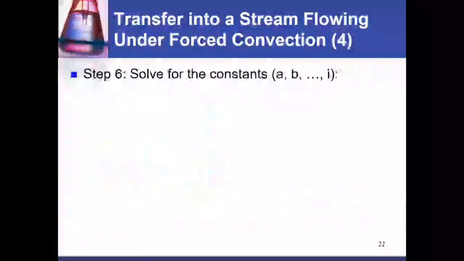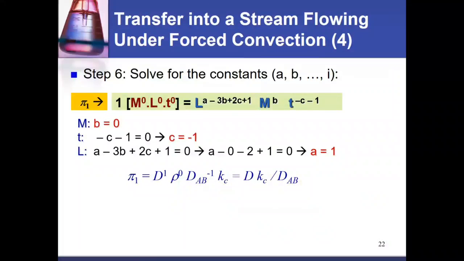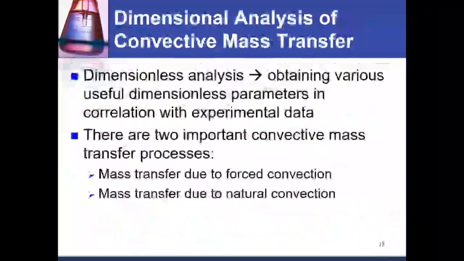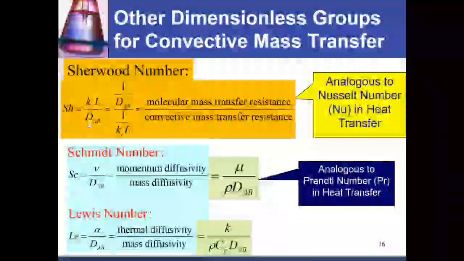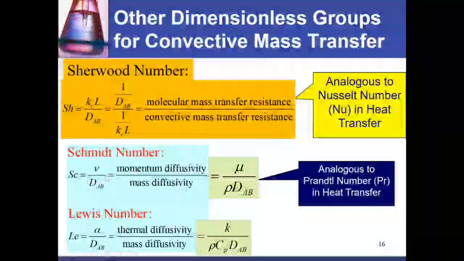Hatem: But doctor, is there a criteria to choose the key variables? You analyze based on what you're looking for. We know from here that Sherwood number is a function of these things, and Schmidt number is also important from the analogy with heat transfer.